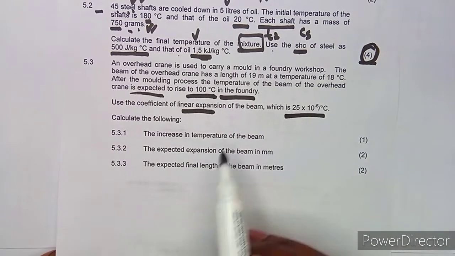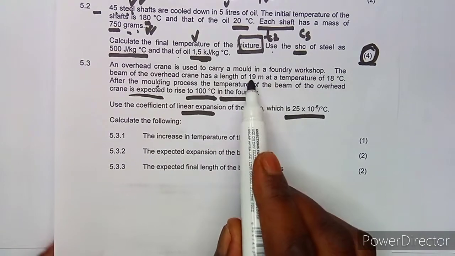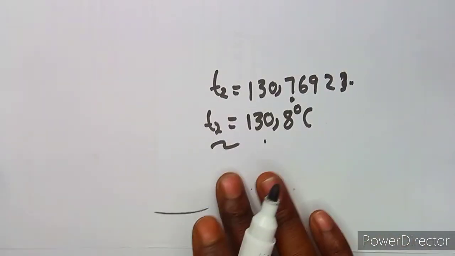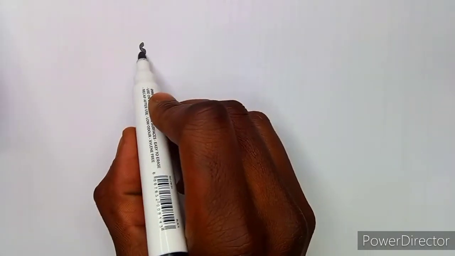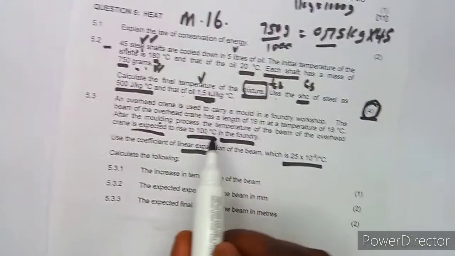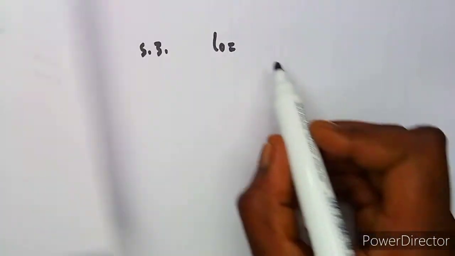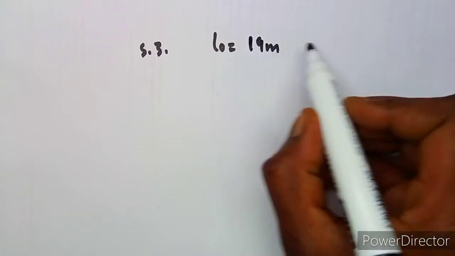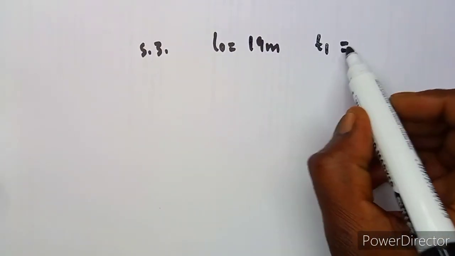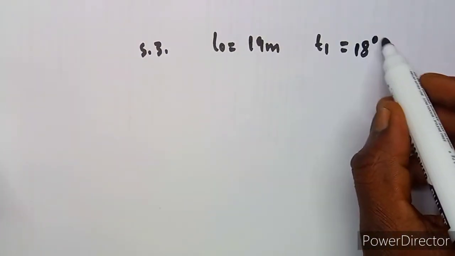All right, so let's see. This is an overhead crane. We are given the length, which is initially, there is a certain length that you are given initially. So let's just take this as our original length of 19 meters at this temperature. So it's 19 meters at temperature 1, which is the initial temperature of 18 degrees Celsius.